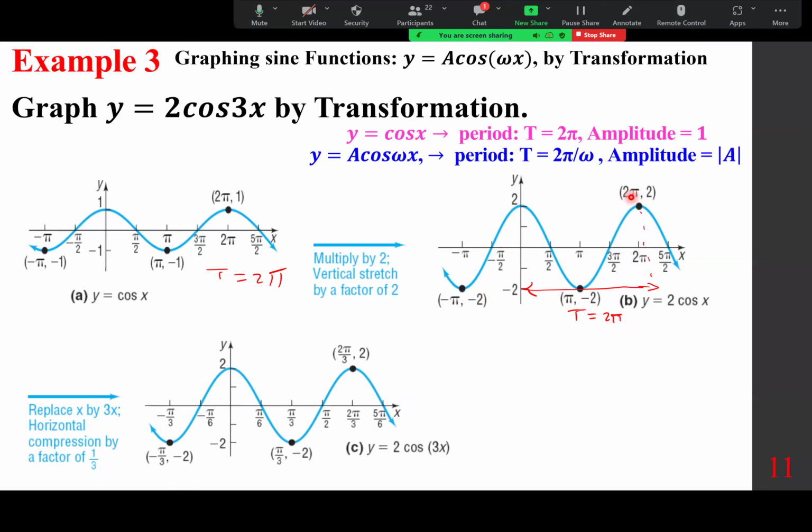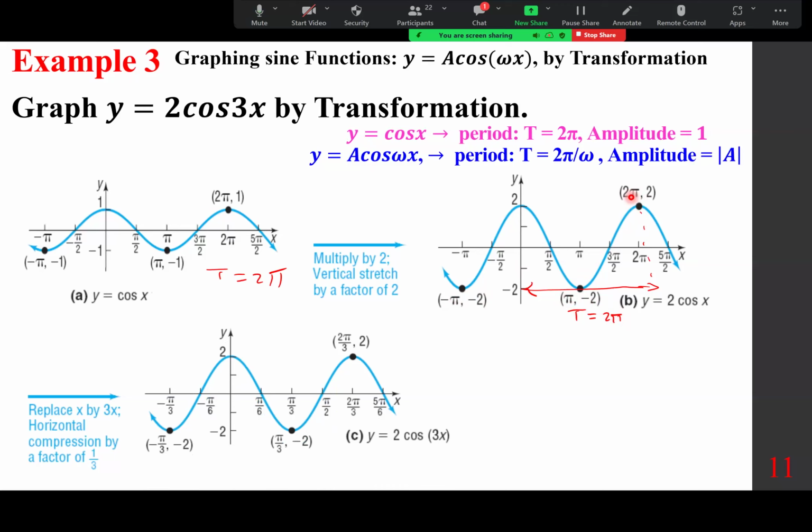That's the effect of that. So take a look. The period is 2 pi over 3.